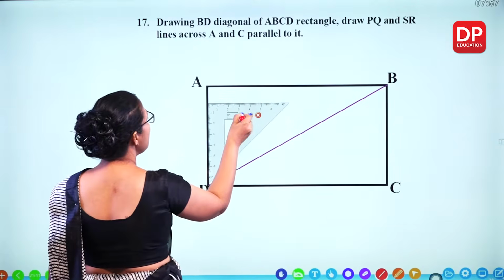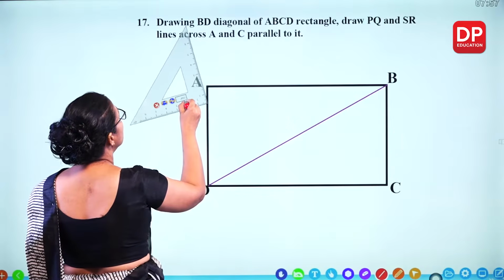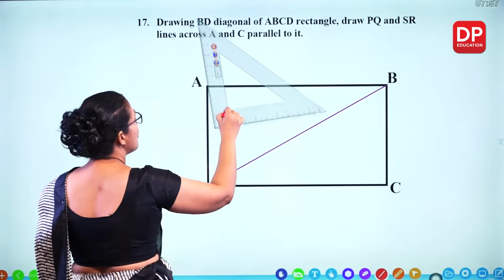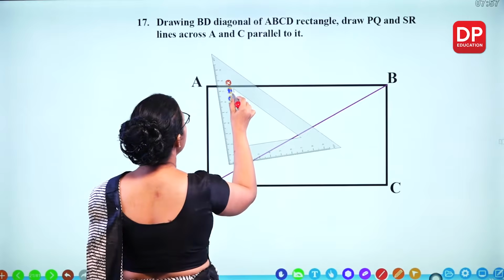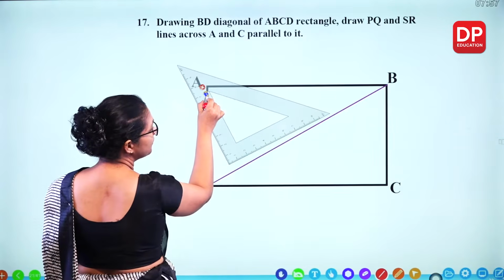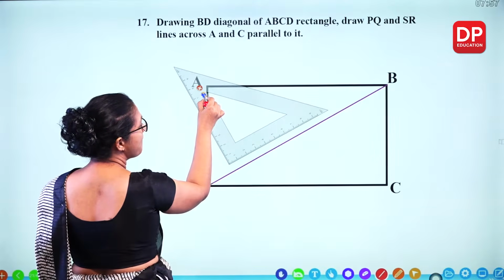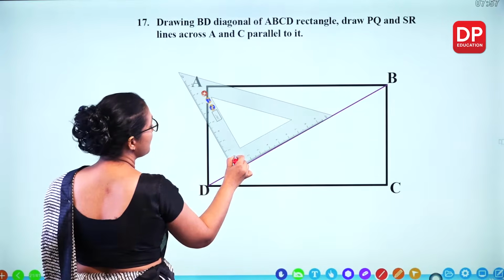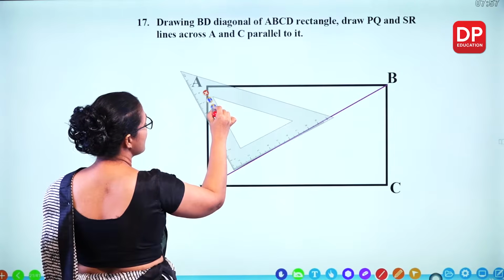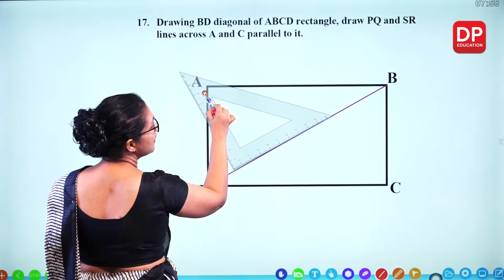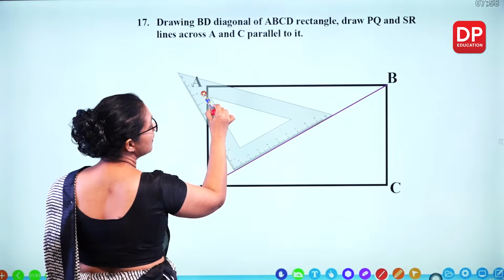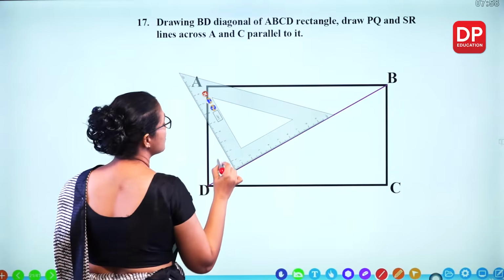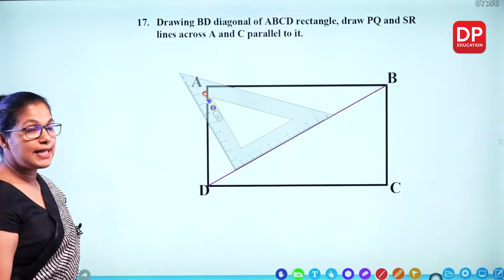So you can keep it on top of the BD line. Just keep it properly. Something like this. So keep it on top of the BD line.